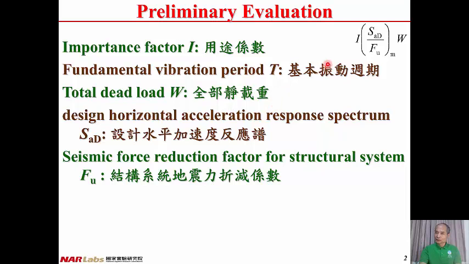So far we have talked about I, SAD, and W, and the fundamental vibration period is used to compute SAD, the design spectral acceleration. And in this lecture, we will focus on FU, the seismic force reduction factor for structural system, FU, due to ductility.